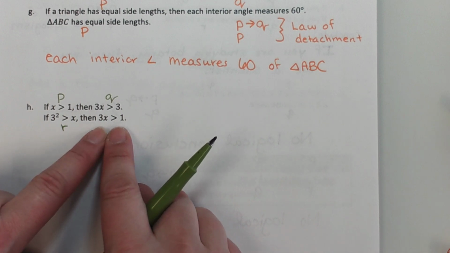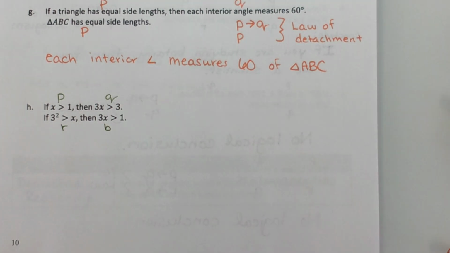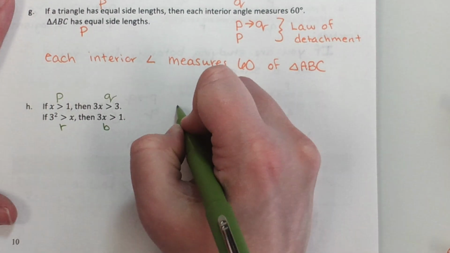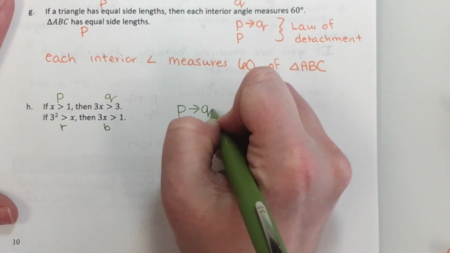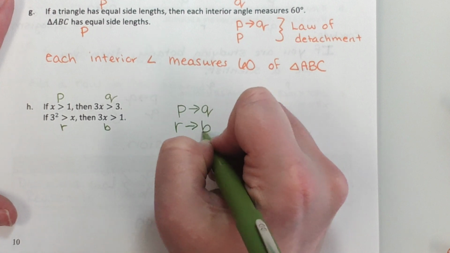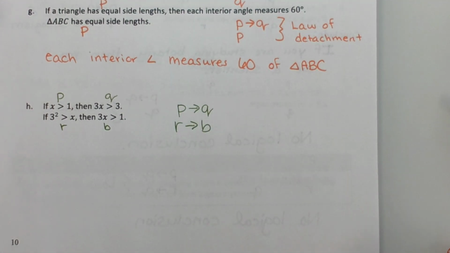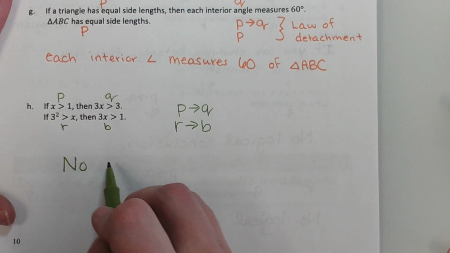I already used Q. I used some other letter. It doesn't matter what letter. Pick a letter. I heard B. Dyslexic person nightmare: P, Q's, and B's. If P, then Q. If R, then B. Is that a law? No logical conclusion.